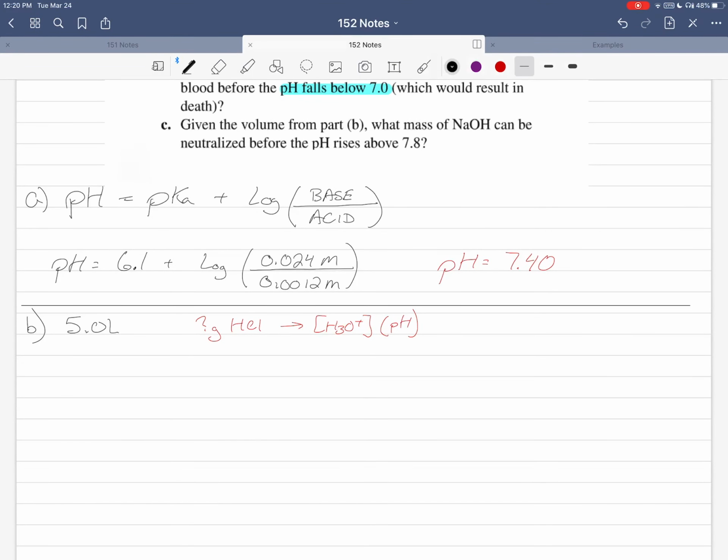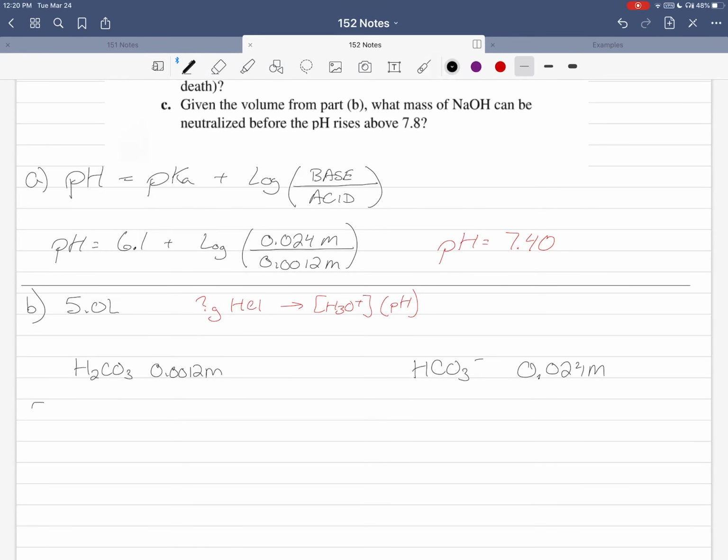So write it down again. H2CO3 happens to be 0.0012 molar, and HCO3 minus happens to be 0.024 molar.